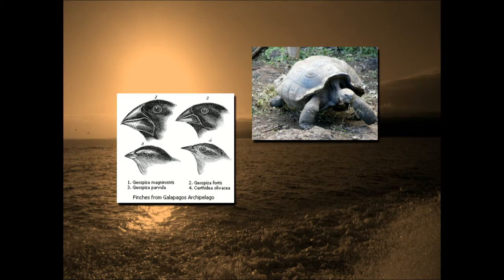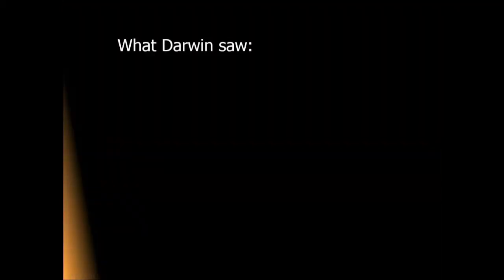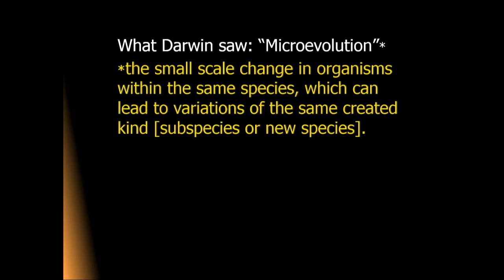Anyway, so he came back with the idea that maybe things change. What he saw was what we would call microevolution, little changes within a species. What he assumed, and first of all, you got to get one thing before this assumption. They were just talking now in the science world about the world being old.